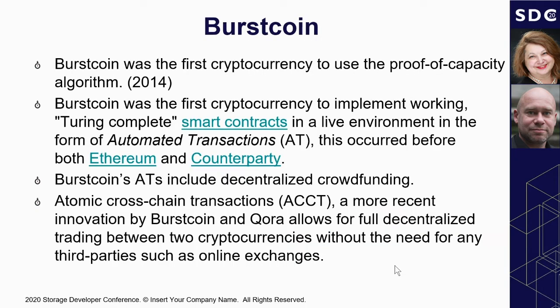Now let's talk about Burstcoin. Burstcoin itself was the first cryptocurrency to use the proof of capacity algorithm. And Burstcoin was the first cryptocurrency implemented to run smart contracts in a live environment in the form of automated transactions. Burstcoin is used in decentralized crowdsourcing and crowdfunding.